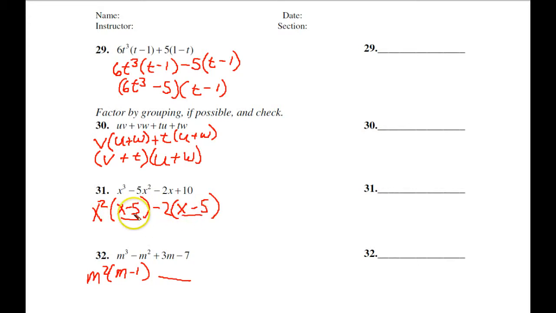So this would go in one parenthesis, and this would go in the other. As I get to 32, I can factor out an m squared, but nothing else. So we say that no factoring by grouping can go on here. We can't do anything with that.